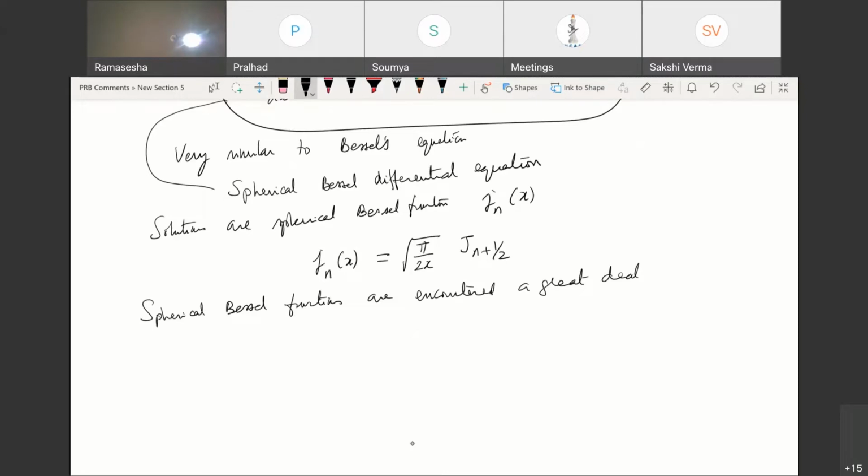Okay, and so in the quantum free electron gas, you would like the spherical harmonics.